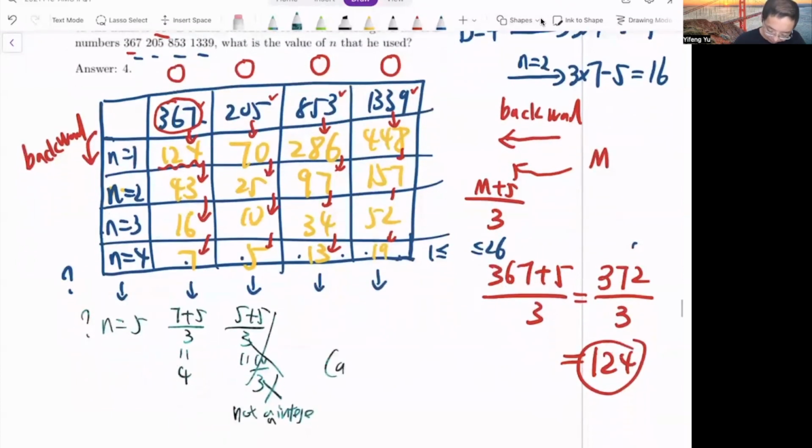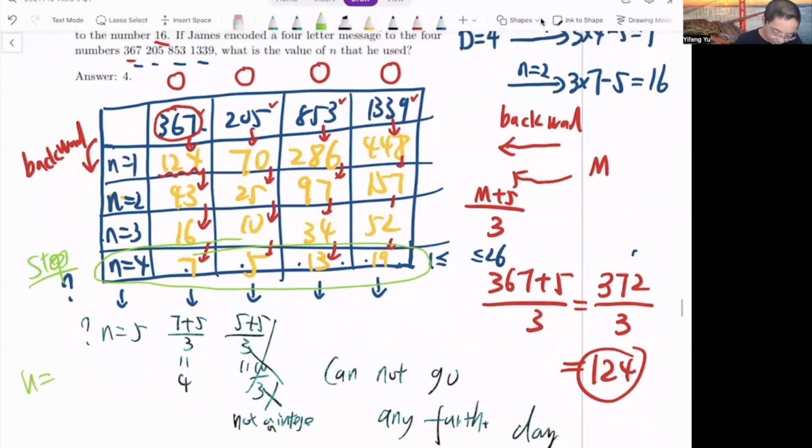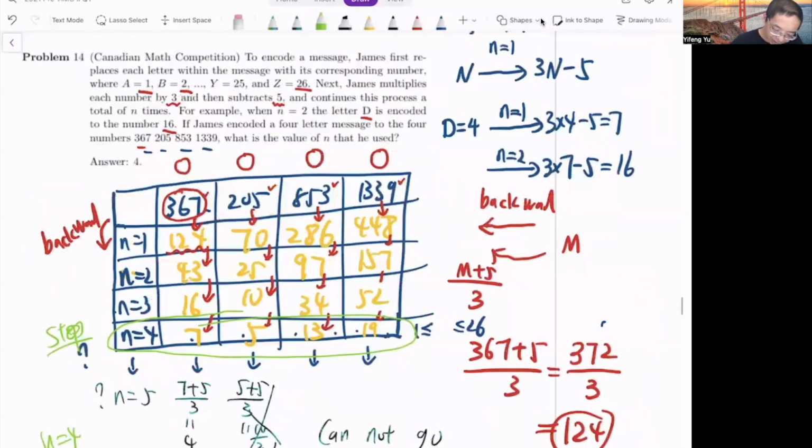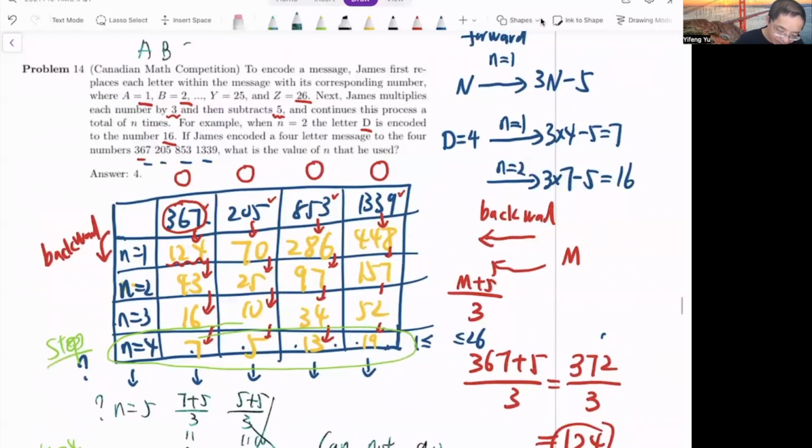So that means we cannot go any further down. All right, that means we should just stop right here. So the value of n equals 4, and these 4 letters will be, okay, go back, so 7 will be A, B, C, D, E, F, G, right?